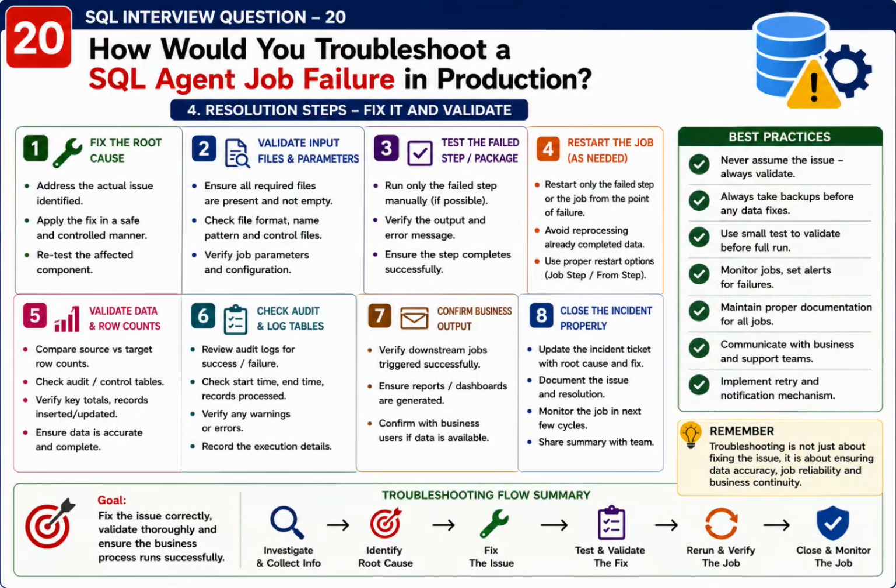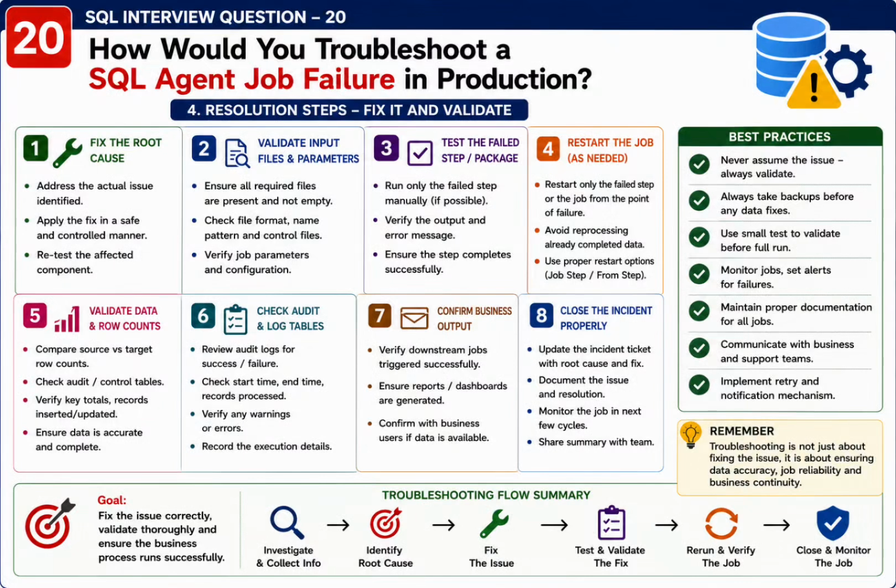Before running the job, we have to validate all input parameters, control files and configurations. Once the job completes successfully, we compare source and target row counts to ensure all expected records were processed. Then we review the audit tables to confirm batch status, execution time, and any warning messages.